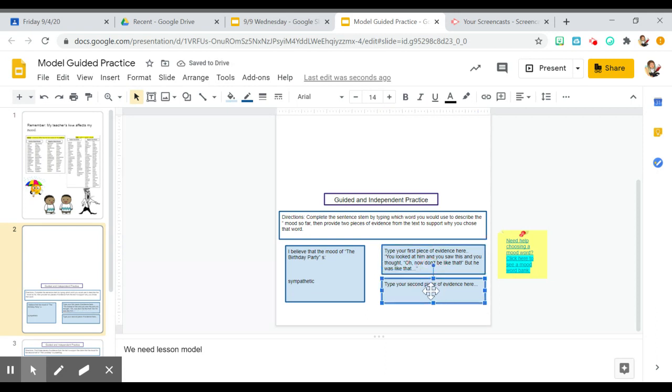Okay, so then my next text evidence is going to be, "She was still crying quietly and heartbrokenly and hopelessly." Again, I'm going to direct quote the text, so I'm going to use my quotation marks.